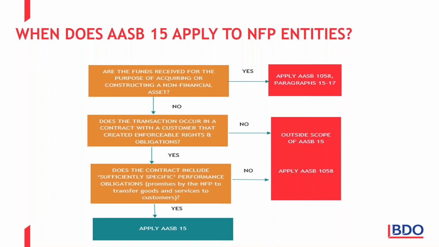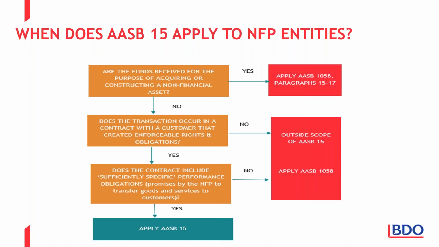If you say, yes, I've got these enforceable rights and obligations, the next hurdle, and this is an extremely important hurdle, is, does the contract include sufficiently specific performance obligations? So that would mean sufficiently specific promises by this not-for-profit entity to transfer goods and services to customers.